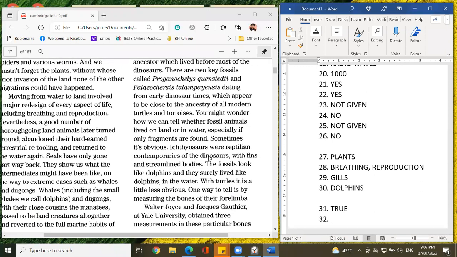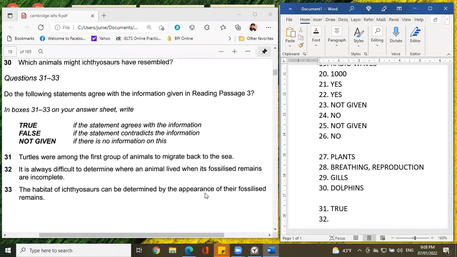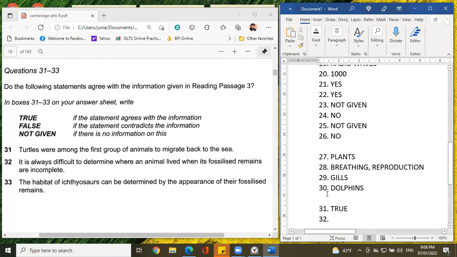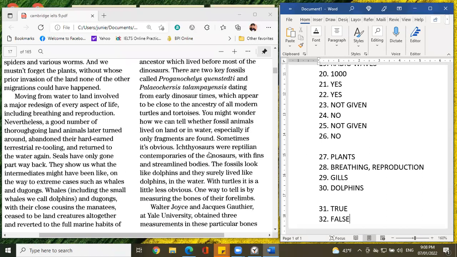Sometimes it's obvious ichthyosaurs were reptilian contemporaries, with fins and streamlined bodies.